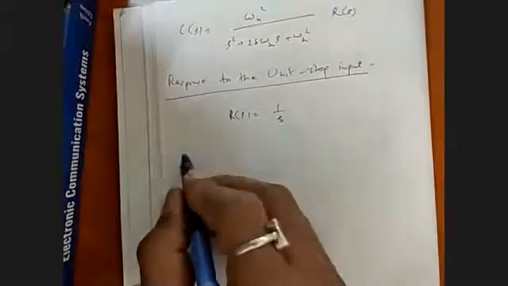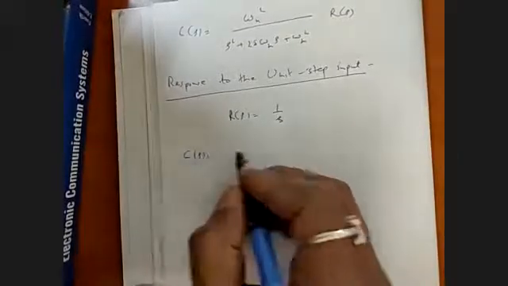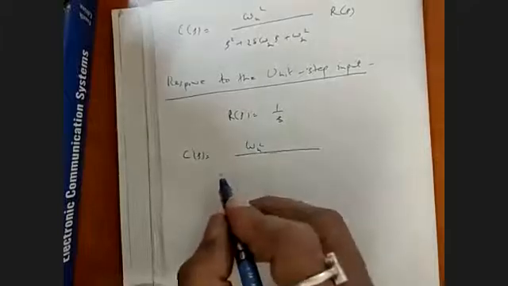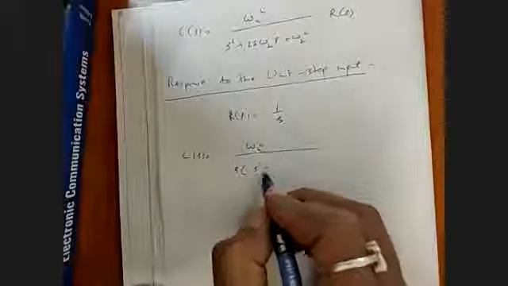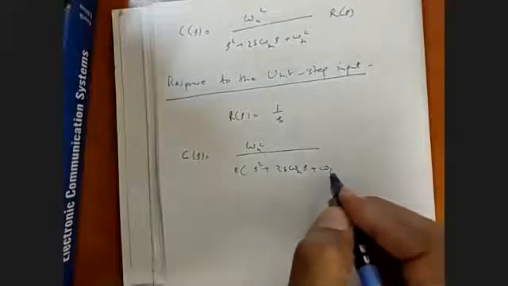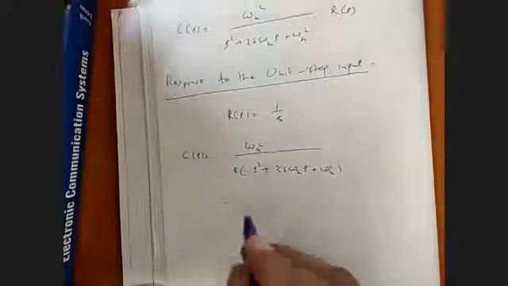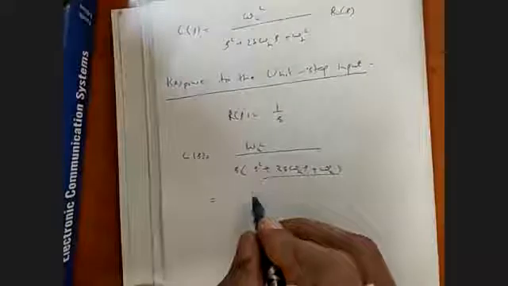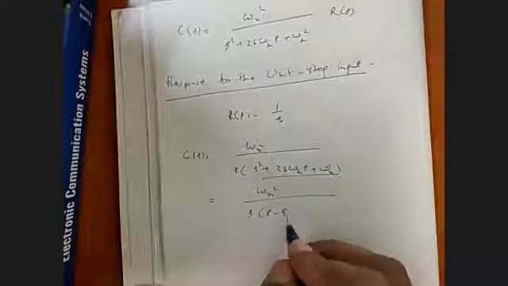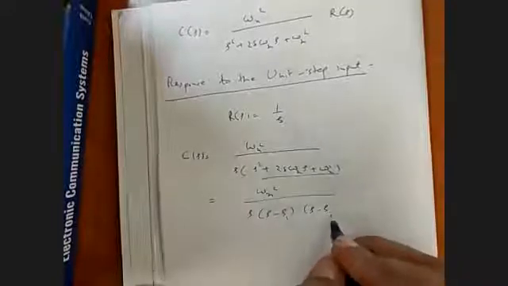So our C(s) will become omega n square upon s into s square plus 2 delta omega n s plus omega n square. That means this will be considered as two roots, so it will become omega n square upon s, (s minus s1) and (s minus s2).